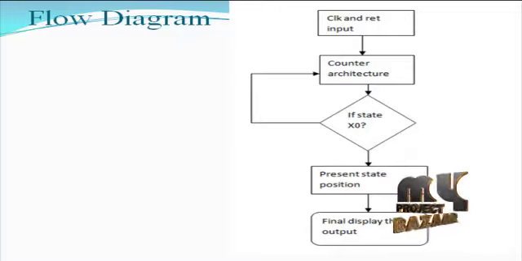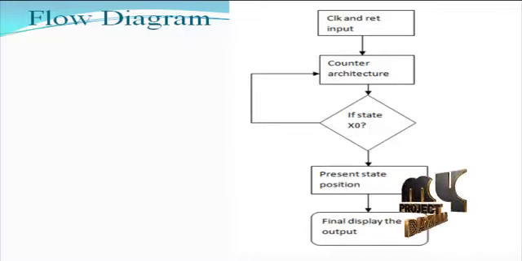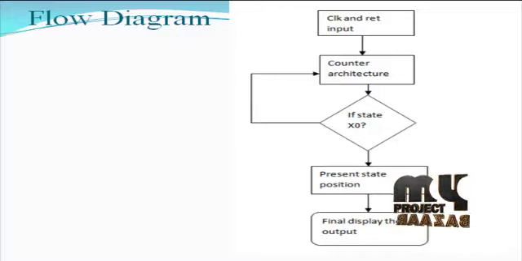This finite state machine process is mainly based on the present and previous state functions, due to our clock and reset function results. This activation is based on our counting architecture. These counting results are applied to the state position, which checks the present and previous state and displays the results on the output LED functions. This is the overall flow of the power efficient traffic light controller architecture.